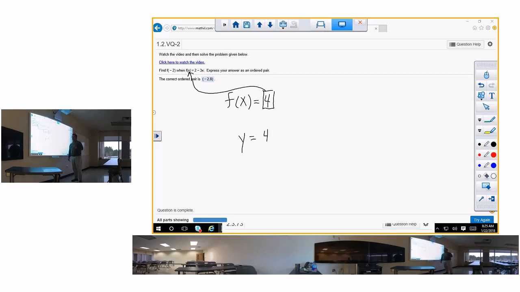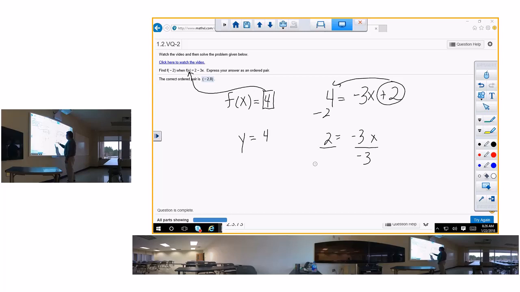Not the x, but the f of x, because f of x is the same way of writing y. So 4 is equal to negative 3x plus 2. And bring that 2 over, it becomes a negative 2. 2 is equal to negative 3x, divided by negative 3. So x is equal to negative 2/3.